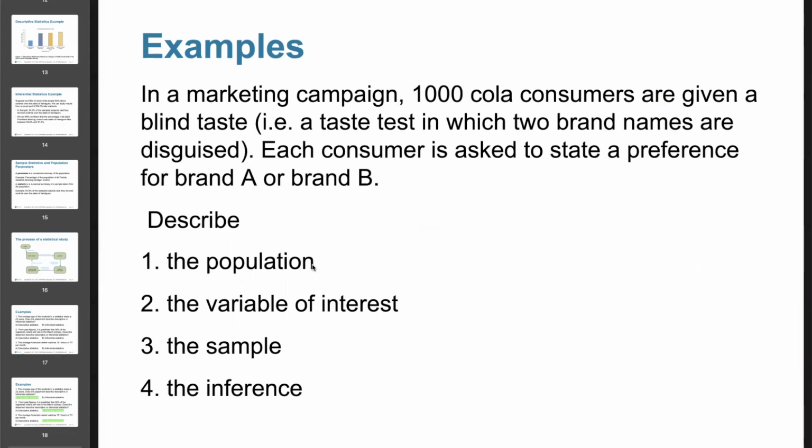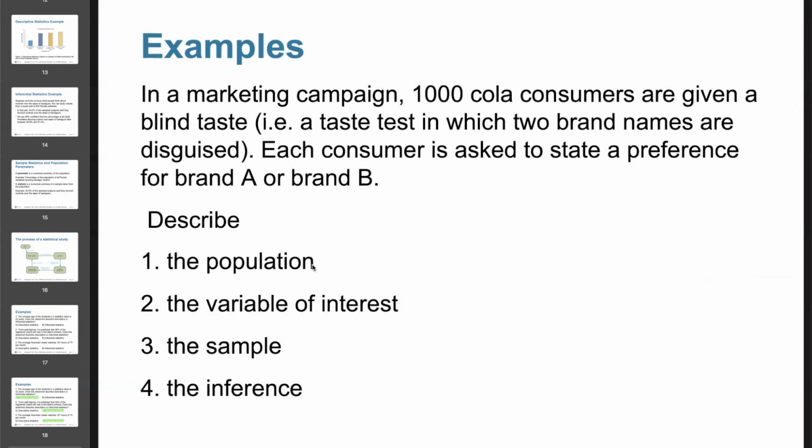Each consumer is asked to state a preference for brand A or brand B. Here we want to describe what the population is, what the variable of interest is, what the sample is, and what the inference is. Okay, so the population here will be all cola consumers.